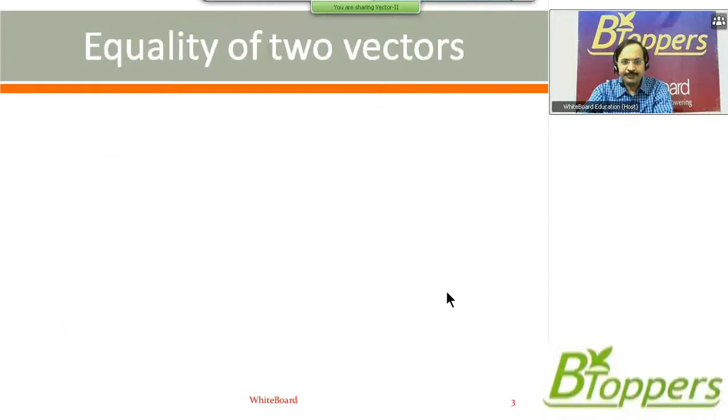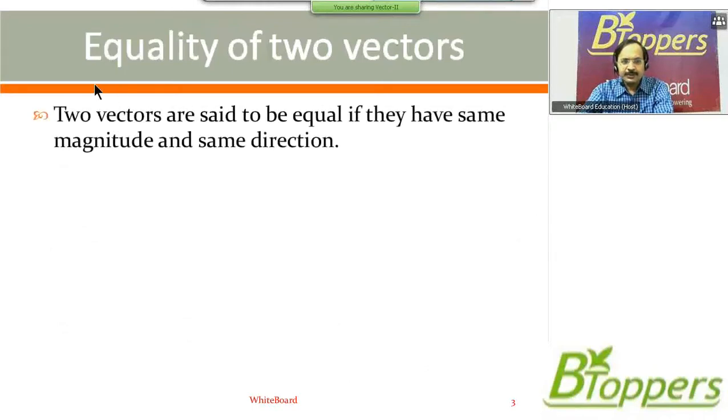Equality of two vectors. Two vectors are said to be equal if they have the same magnitude and the same direction. P bar is a vector. Graphically, you can draw the vector parallel to itself at a different place in the diagram.